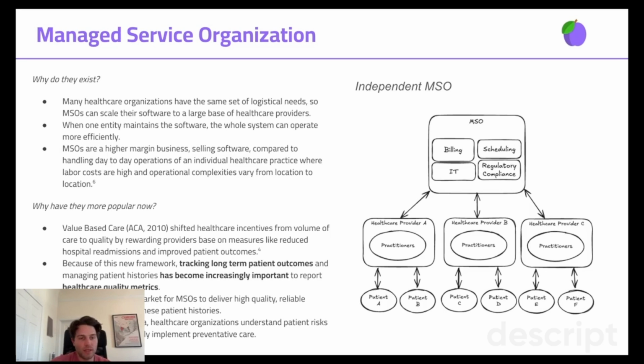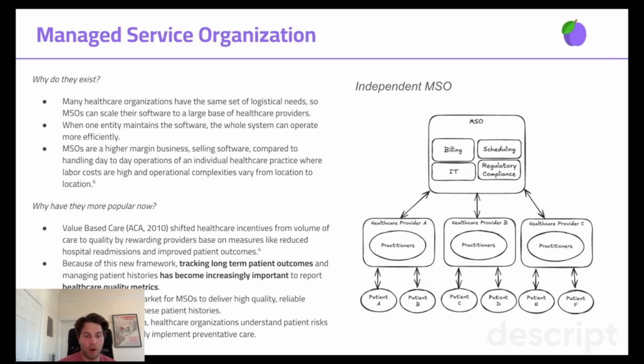So, more recently, value-based care has shifted the incentives from volume to quality. This is because of the Affordable Care Act in 2010. With this new framework, being able to track long-term patient outcomes is very important, especially if you want to be able to bill Medicare or Medicaid.